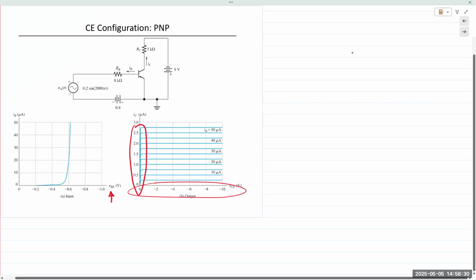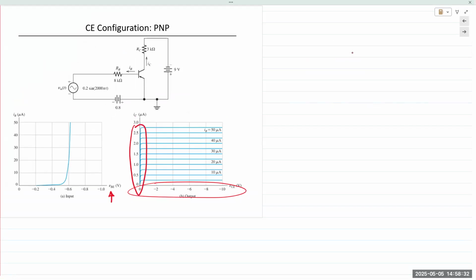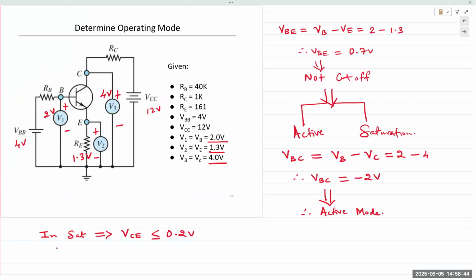Saturation is this region on the left, right? Because current saturates at a limit. So voltage, which is on the x-axis, is closer to the origin. It's close to 0 volts. So if VCE, collector emitter voltage, is 0.2 volts or less, then the transistor is in saturation. So that's the other check we can perform.